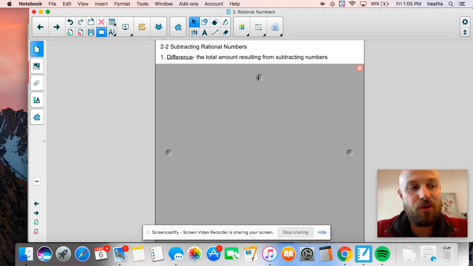In 2-1, when we were adding numbers, the big term we started off with was the sum. So when you take one number and add it to another number, the answer is called the sum. Whenever you're adding numbers together, the answer is called the sum. With subtraction, if you're taking one number and subtracting it from another number, the answer is called the difference.